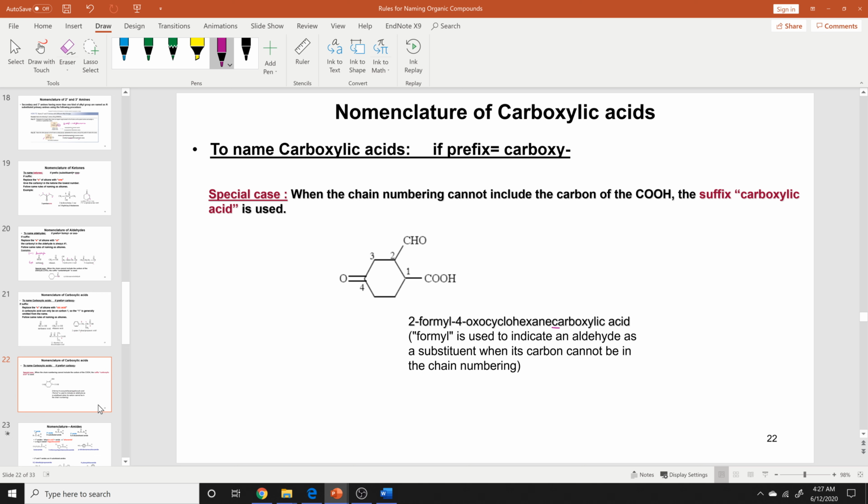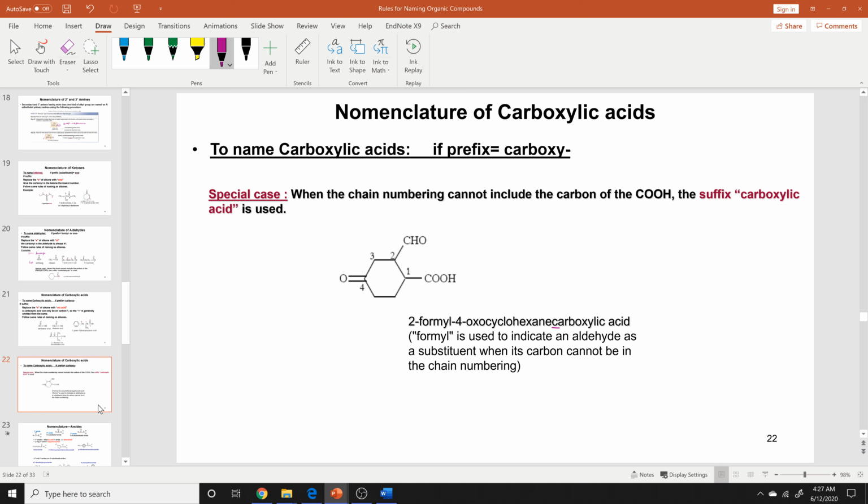In this case, I cannot name both as oxo, because then when I'm drawing it, both are going to be ketones. So I have to differentiate the carbonyl of the ketone from the carbonyl of the aldehyde.